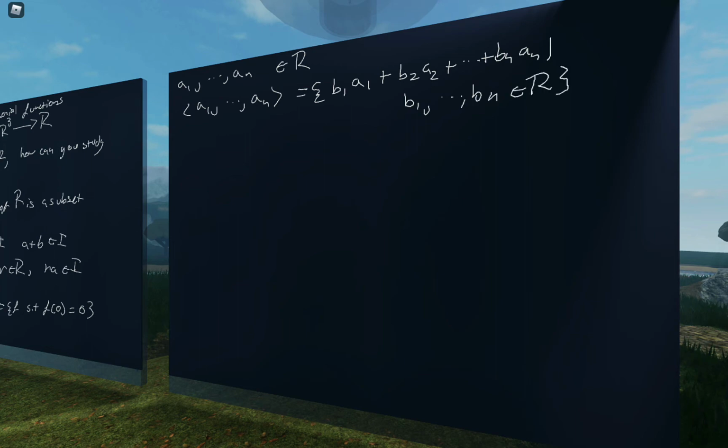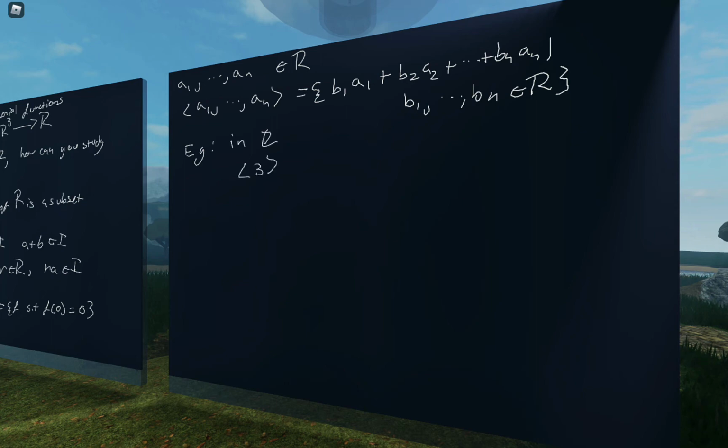And so it's not too hard to see that if you add two elements of that form together, you get a third element of the same form. And also if you multiply one of those by anything else in the ring R, it still has that form. So a specific example would be in the integers.